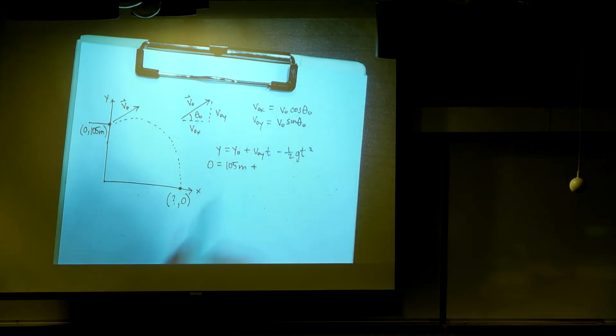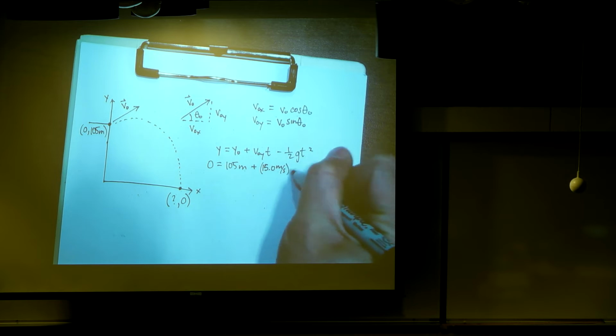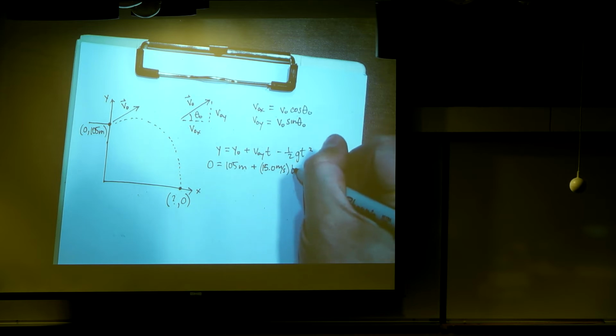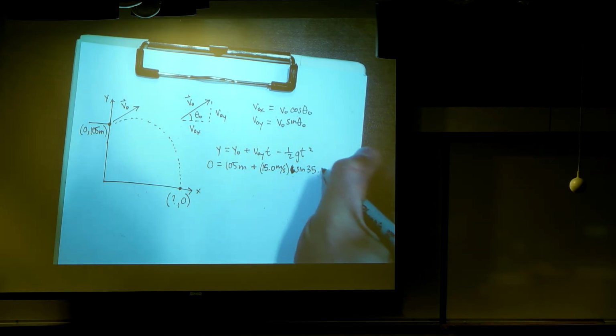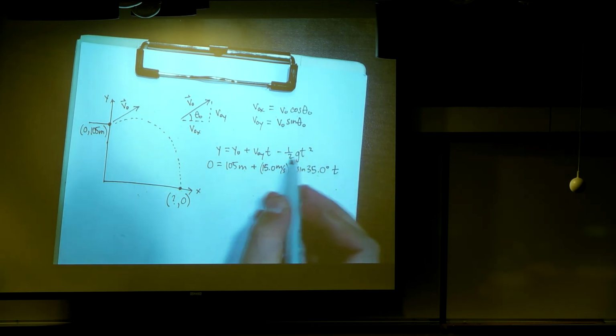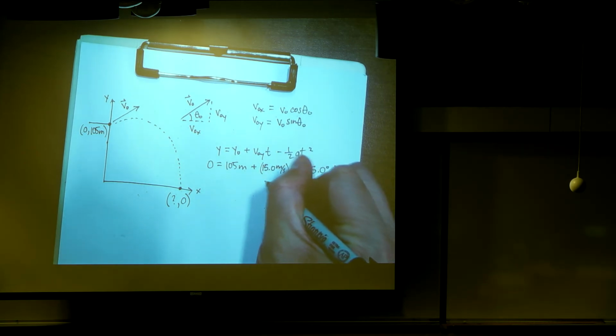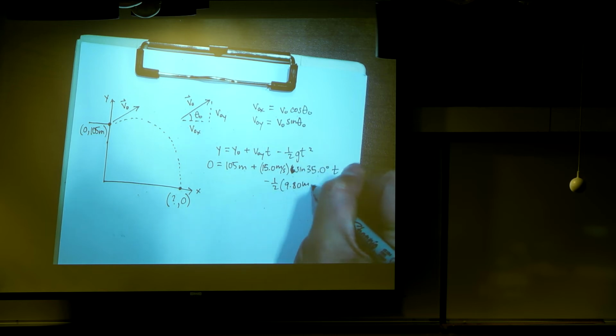That's going to be the initial speed, which was 15 meters per second, times sine of the angle, which was 35 degrees. And then that multiplies t. And then we have minus a half g t squared. We have minus a half times 9.8 meters per second squared times t squared.